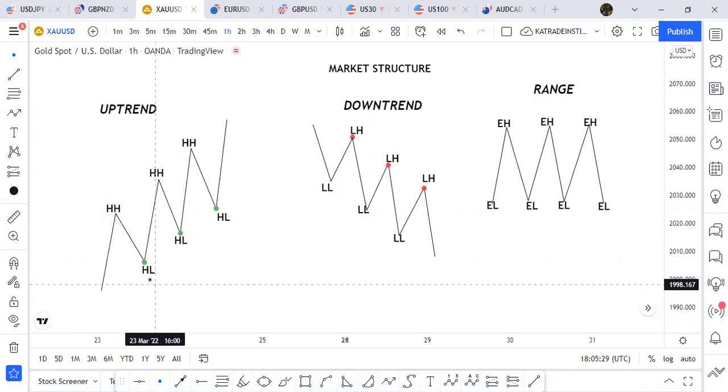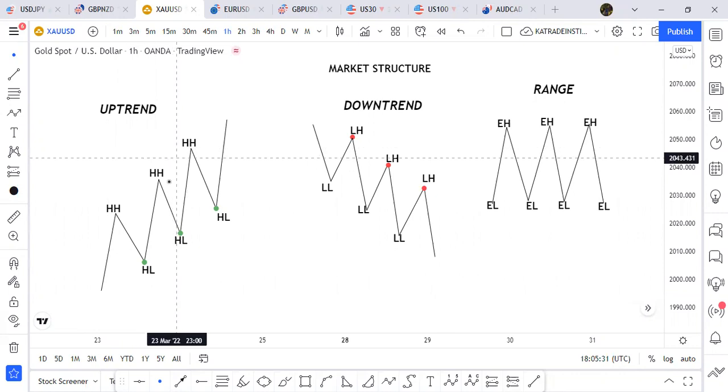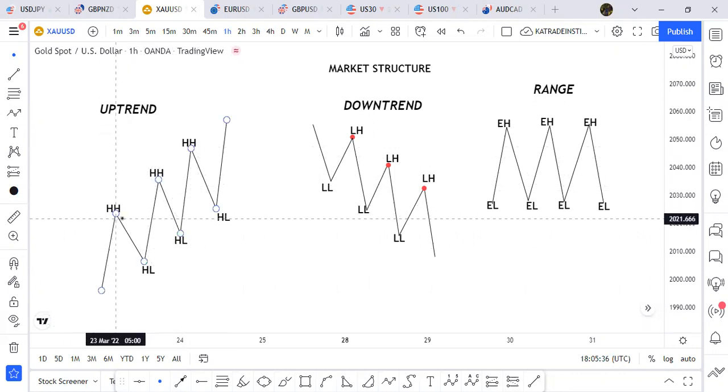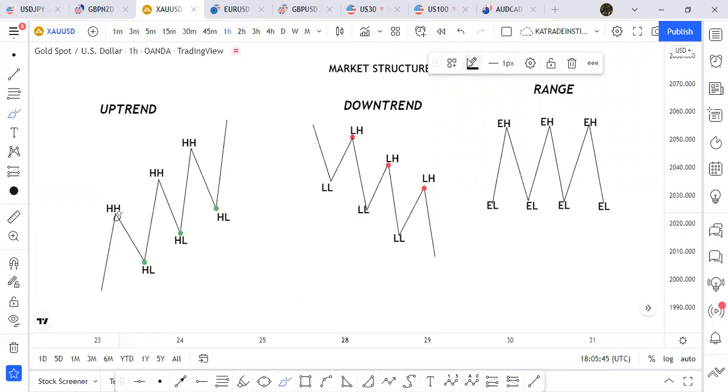The reason we call this area a higher high is that if you look at this high here, you can clearly see that it is higher than this high. Hope you are getting me. That is why we call it a higher high. And this high also is higher than this high.